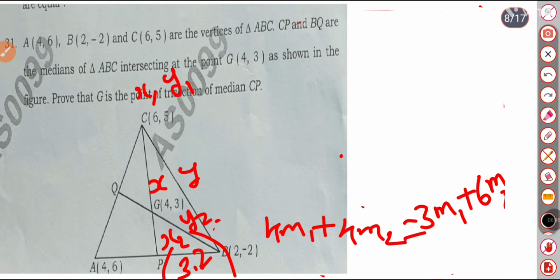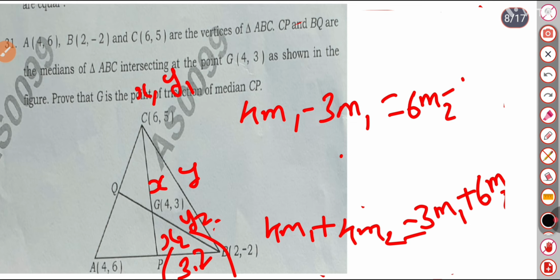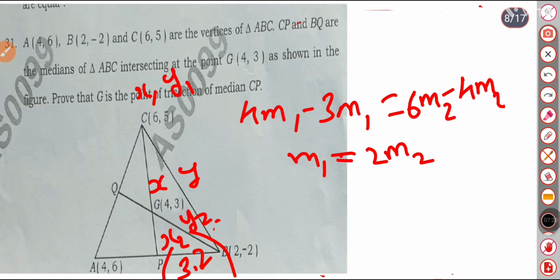So we'll bring m1 to one side and m2 to the other side: 4 m1 minus 3 m1 equals 6 m2 minus 4 m2. That is, 4 minus 3 is 1, m1 equals 2 m2. Bringing m2 to the LHS, m1 by m2 equals 2 by 1.